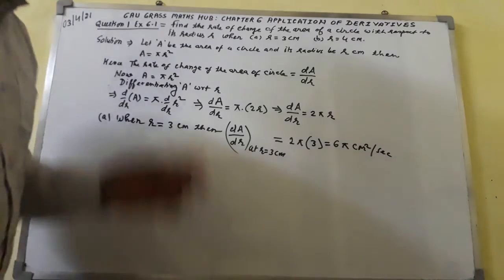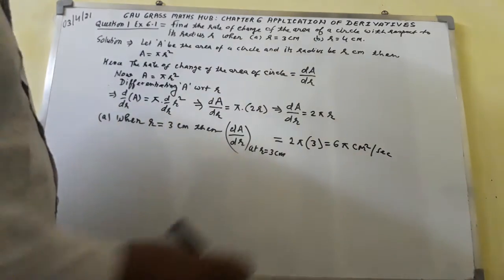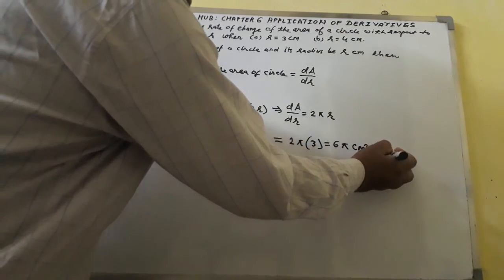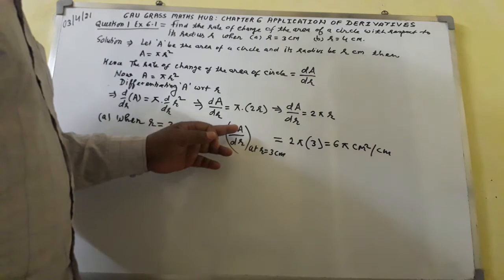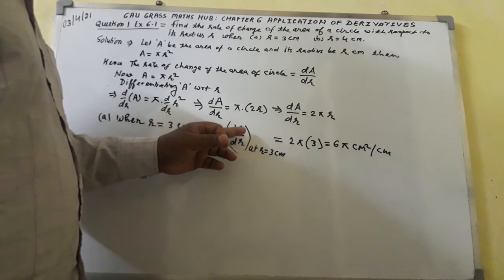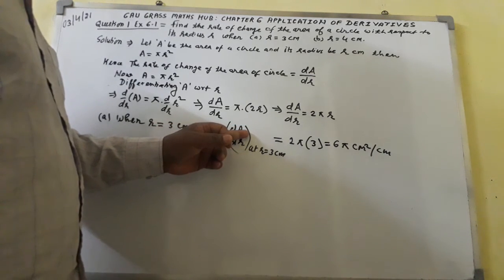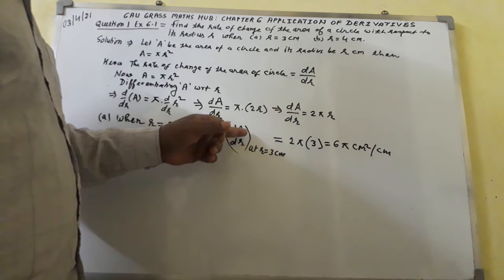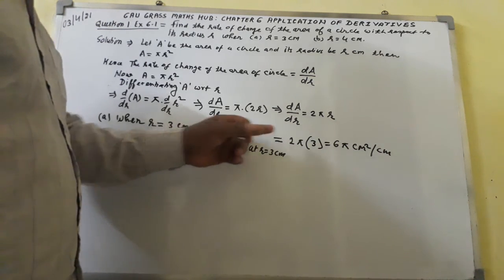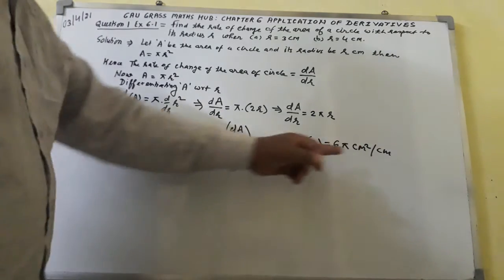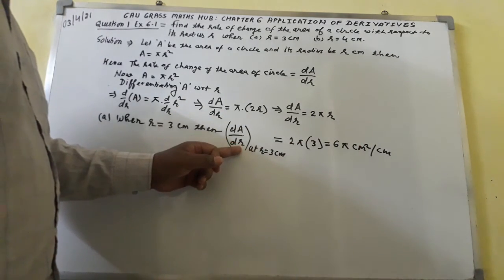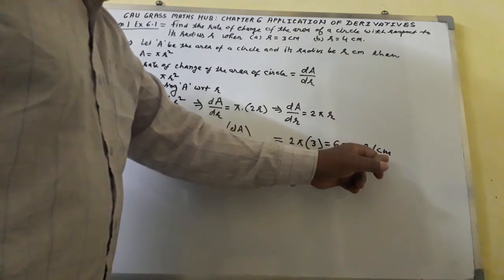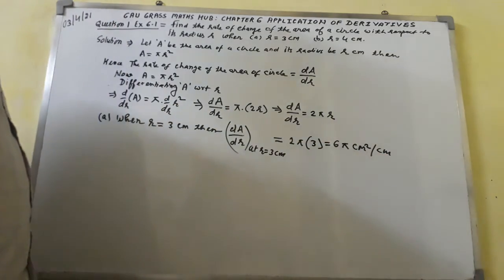This is not second, this is centimeter, because here capital A is available. Capital A means area. The unit of area will be centimeter square. Over here radius is given, so per centimeter comes out to be.